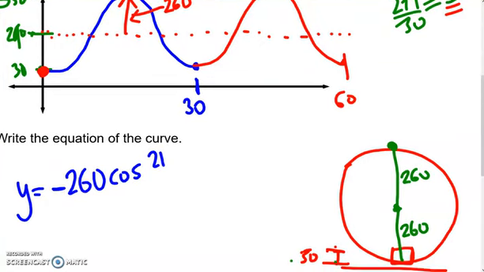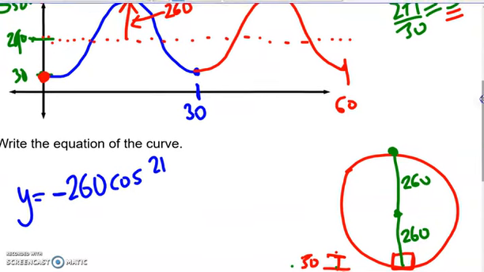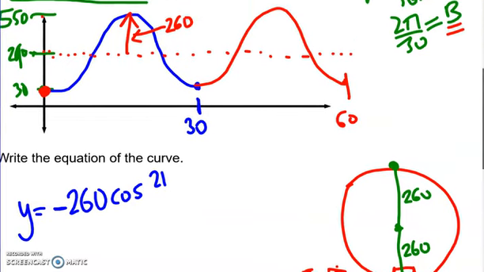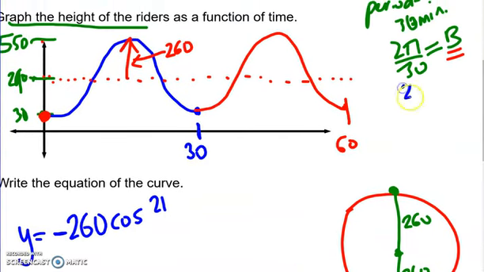Perhaps we can simplify this: the 2 cancels, so this is pi over 15, the B value. So this whole thing is negative 260 cosine of pi over 15.